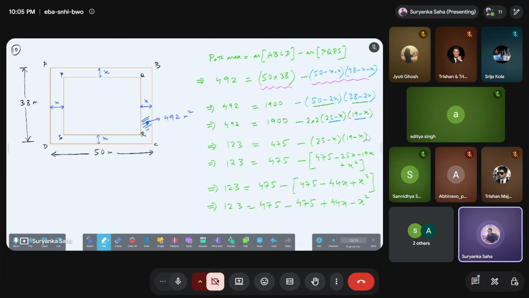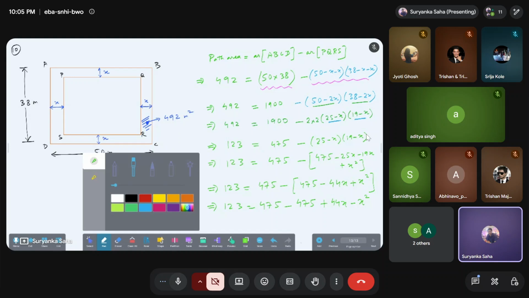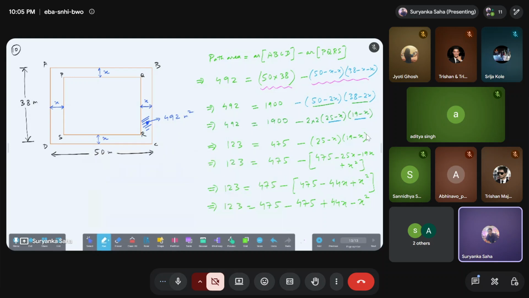The signs are changed. So 475 will cancel out. Then you bring all of them to the left side. So you'll get x square minus 44x plus 123 equal to 0.